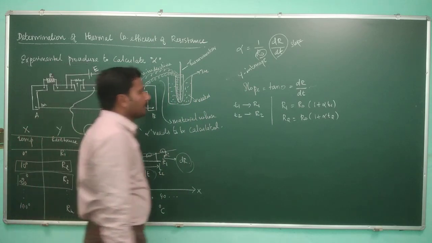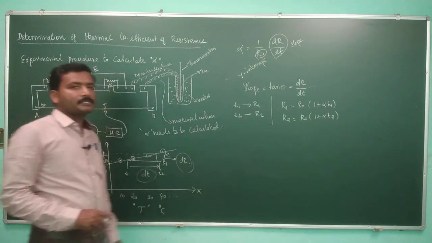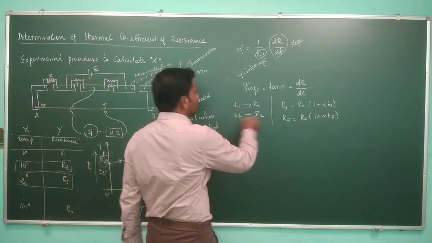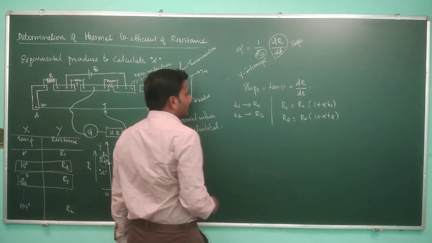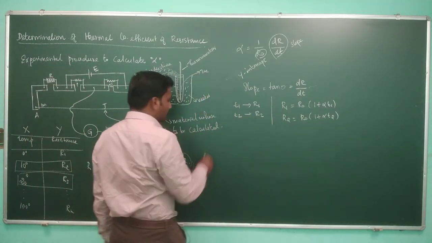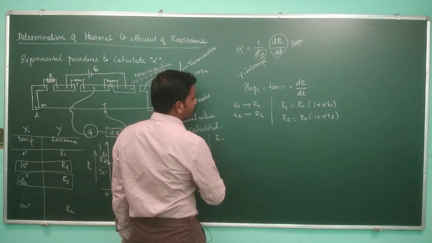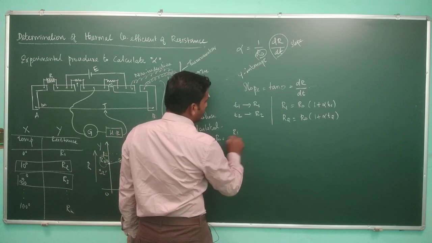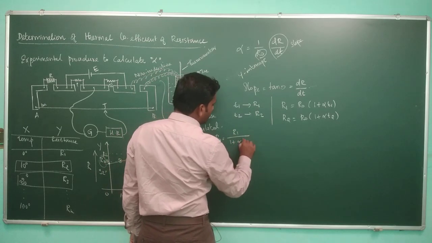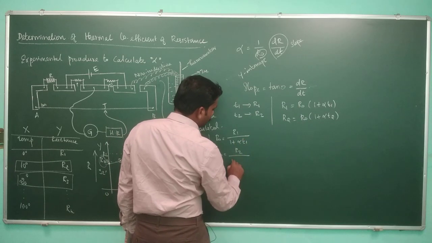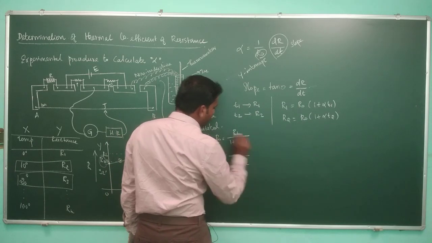Don't bother about that. Now, how do we obtain an expression to calculate alpha if you are given these four terms? For this, let us rewrite the equations in terms of R0. From the first equation, R0 equals R1 by 1 plus alpha T1, and from the second equation, R0 equals R2 by 1 plus alpha T2.